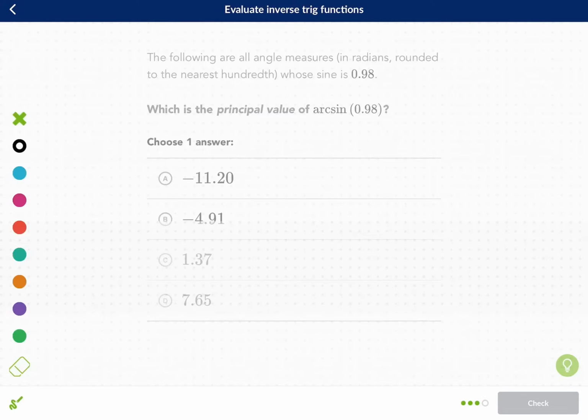It says the following are angle measures in radians. Like I said, we're going to be switching back and forth. So now we're in radians, whose sine is 0.98. And again, this is the same thing as inverse sine. It's just a different way of writing it. So we're looking for the principal value.